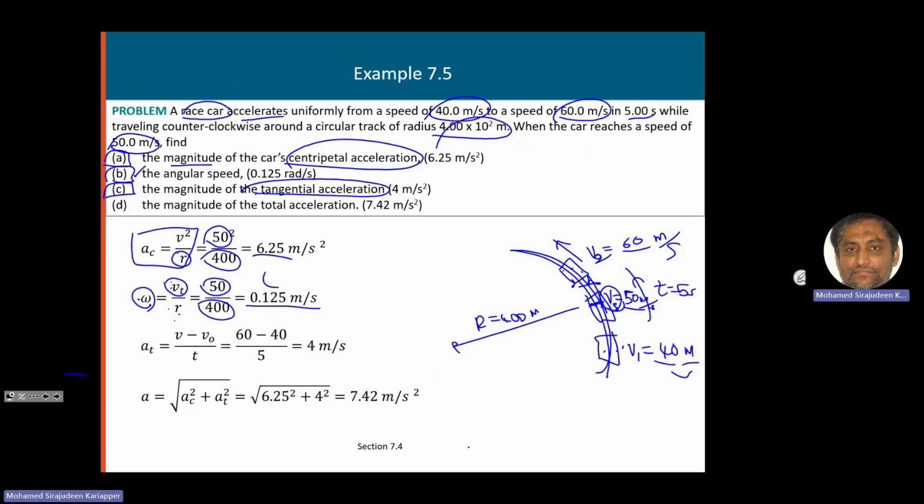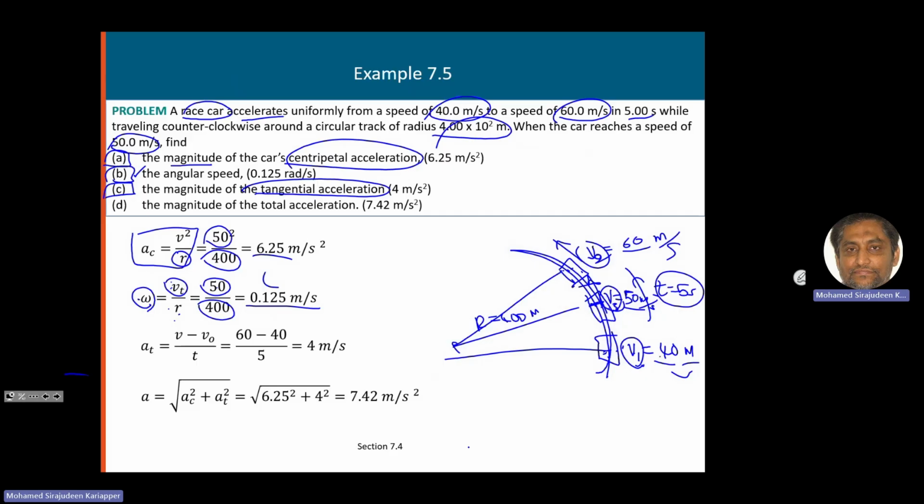We have information to find the average acceleration from here to here because the initial velocity is given, final velocity, well, the magnitude average acceleration, if we make it very small duration, well, 5 seconds, we have the initial velocity and the final velocity.